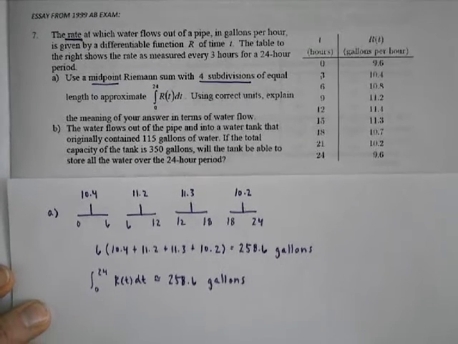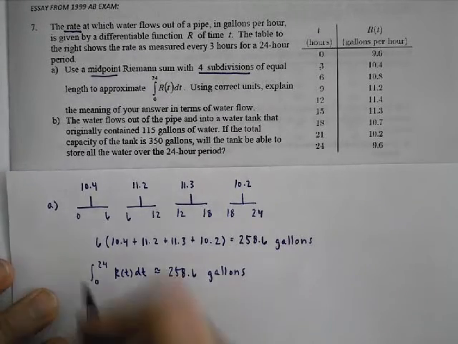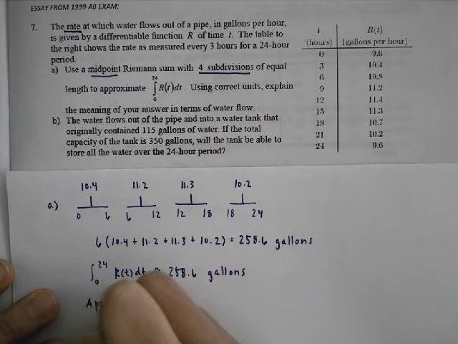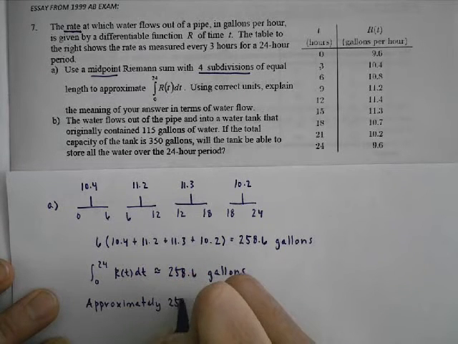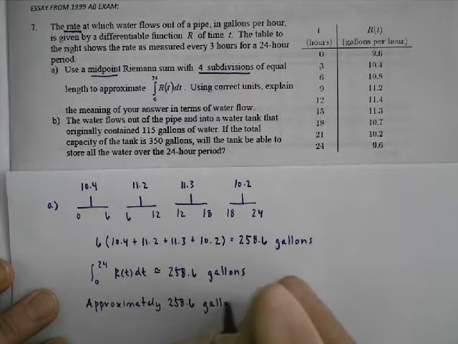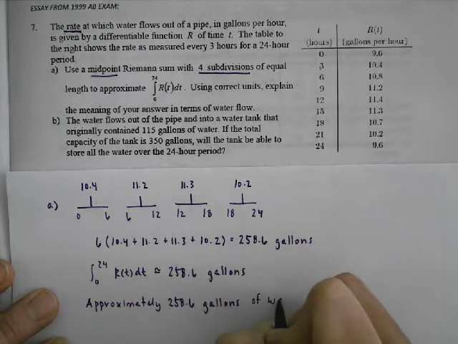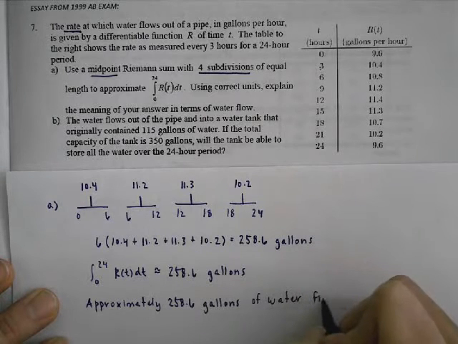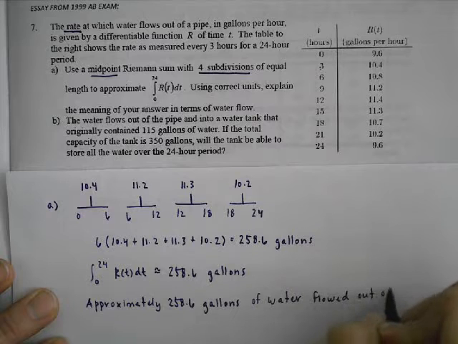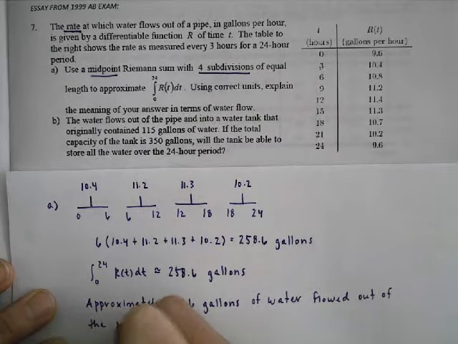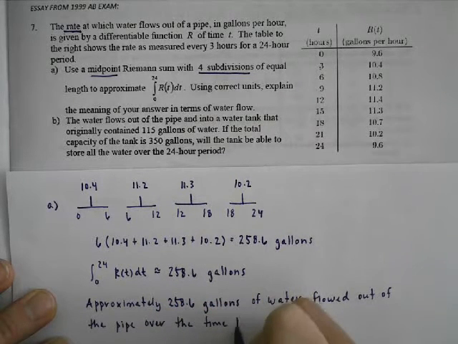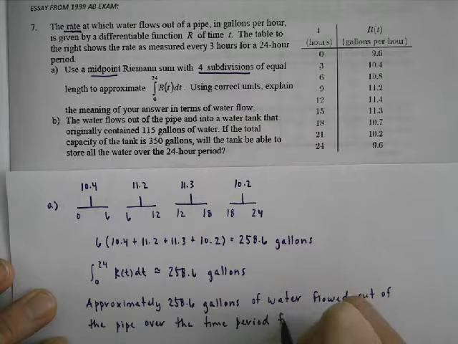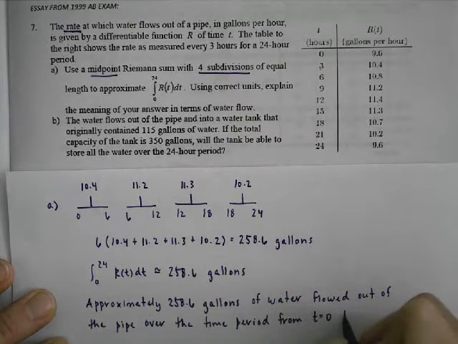Now, in terms of the problem, what that means is approximately 258.6 gallons of water flowed out of the pipe over the time period from t equals 0 to t equals 24 hours.